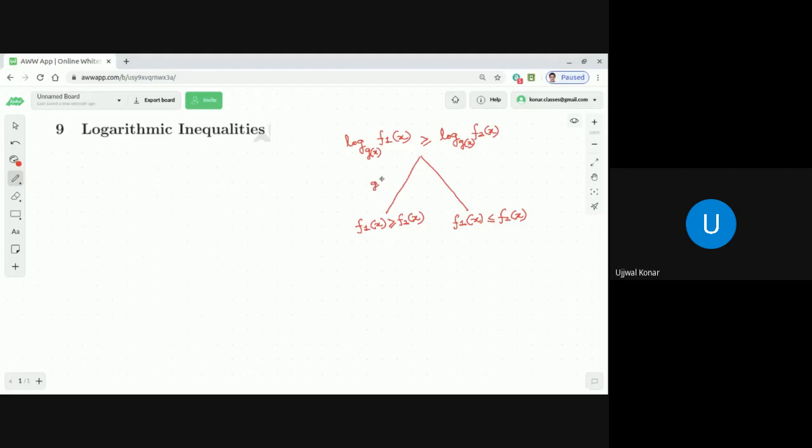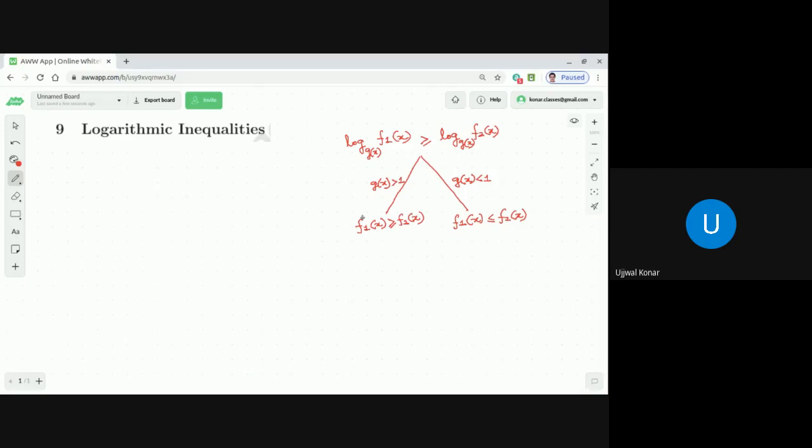For example, if g(x) is greater than 1, we can say that f1(x) is greater than or equal to f2(x). And if g(x) is less than 1, f1(x) is less than or equal to f2(x). So depending on the base, that is g(x), the logarithmic inequality is converted to the inequation in terms of f1(x) and f2(x).